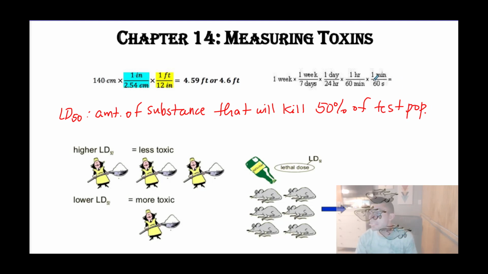We looked at that big table in the beginning of the chapter, and we saw that these are tested usually on different animals. The LD50 depends on how it's introduced to the body, whether it's orally or intravenous.